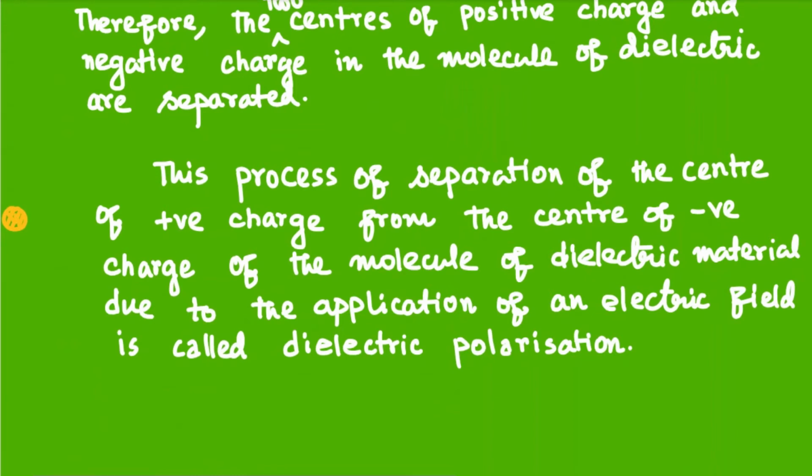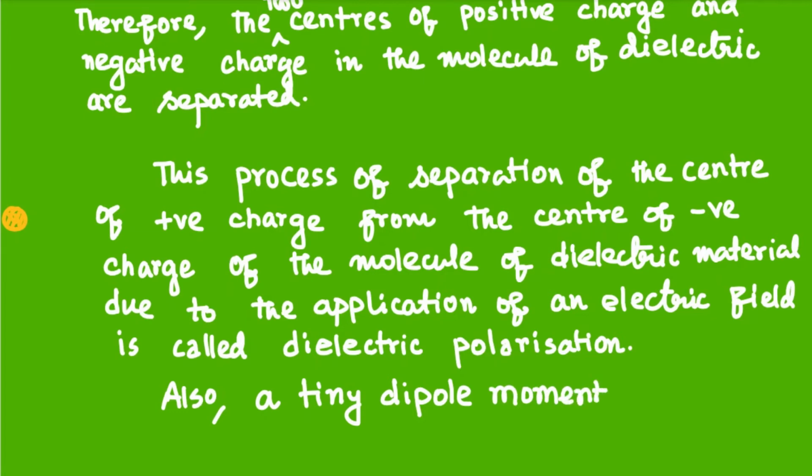And this process of separation of the center of positive charge and negative charge due to application of an electric field is called dielectric polarization. Also, a tiny dipole moment is induced in the dielectric due to dielectric polarization.